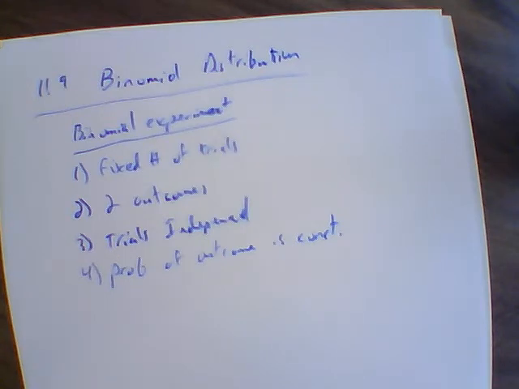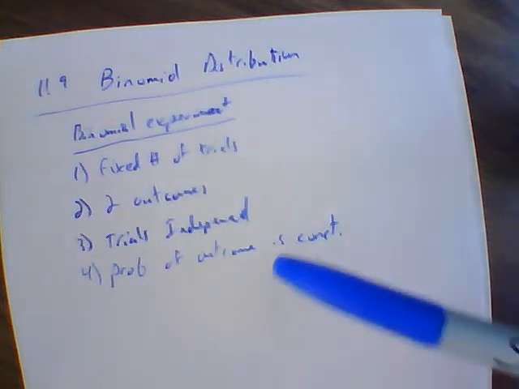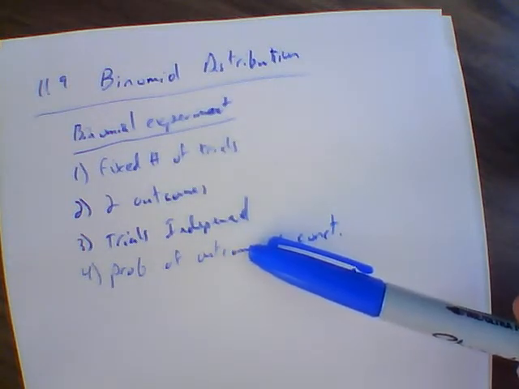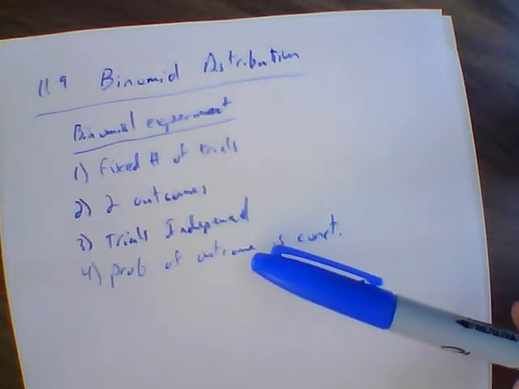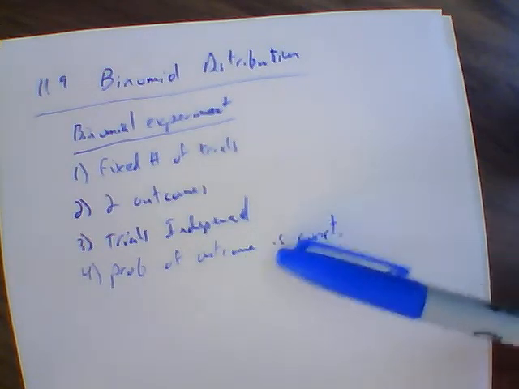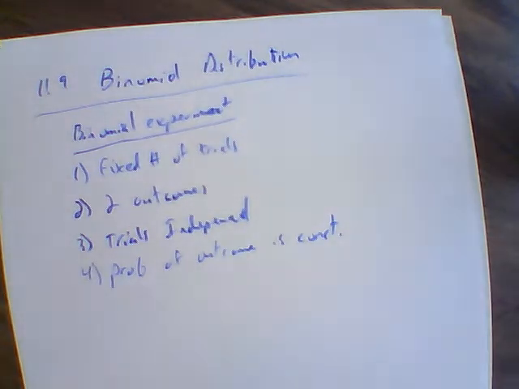And then the probability of an outcome is a constant. It can't be that the chance of you passing is 50%, and the next time you take it, the chance of you passing is now 80%. So the outcome has to have some sort of a constant that goes with it.